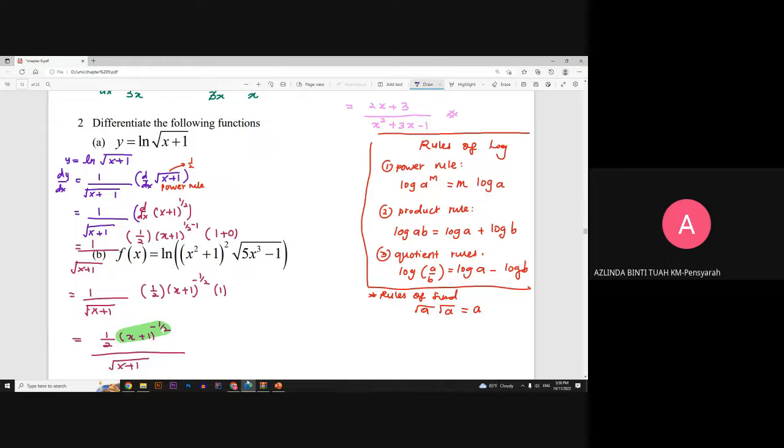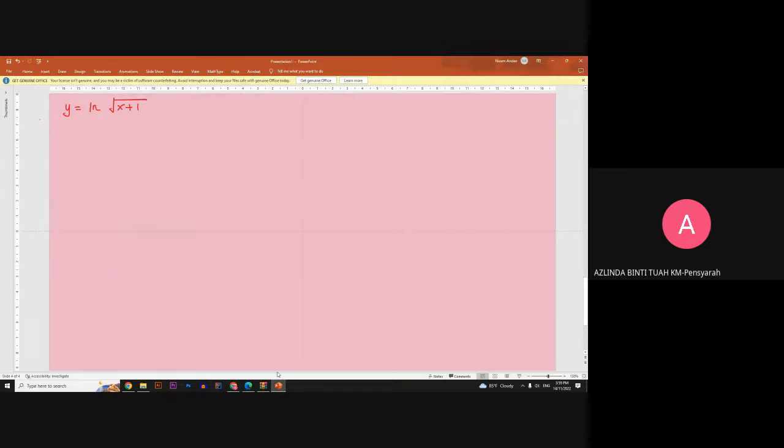Because I can see A is the x plus 1 with the power m being the square root. So I can simplify the question. So simplify the question by using the power rule. This is still the question, we haven't done anything yet with its differentiation. Okay, apply the power rule of log.